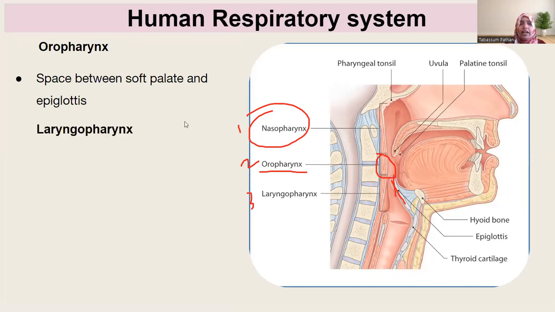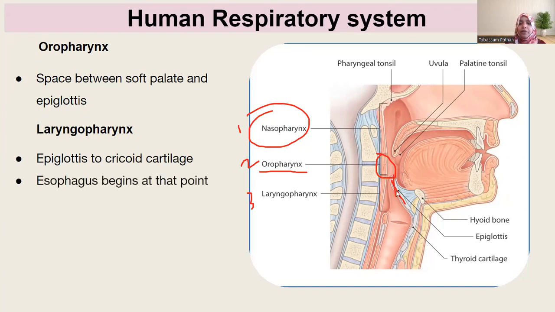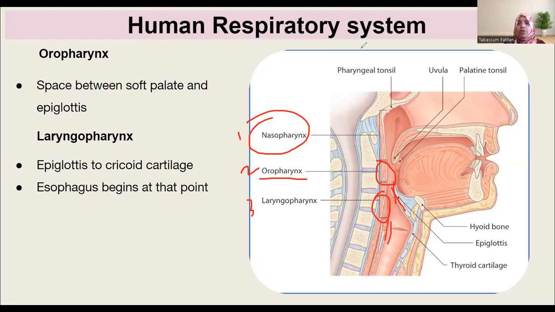And then you have the laryngopharynx, okay, which is near the epiglottis. This epiglottis is made up of cartilage, okay, and from here the esophagus begins. From this region of the laryngopharynx, the esophagus begins, which is the food pipe which takes the food to the stomach.